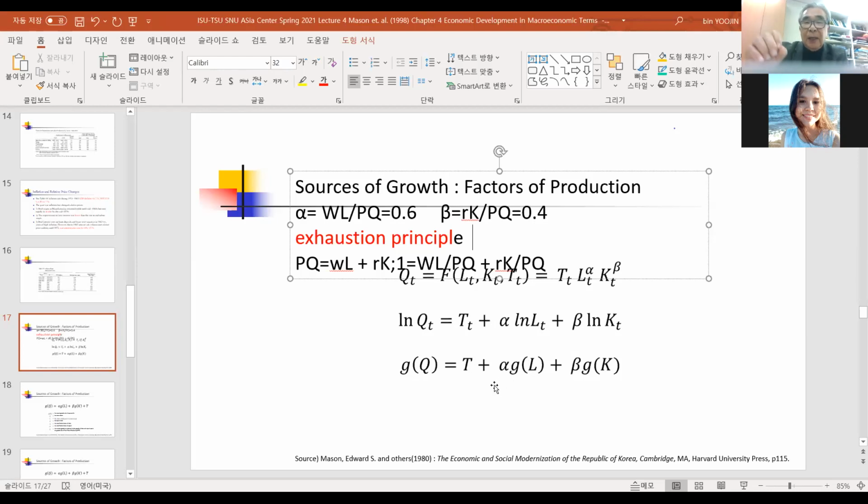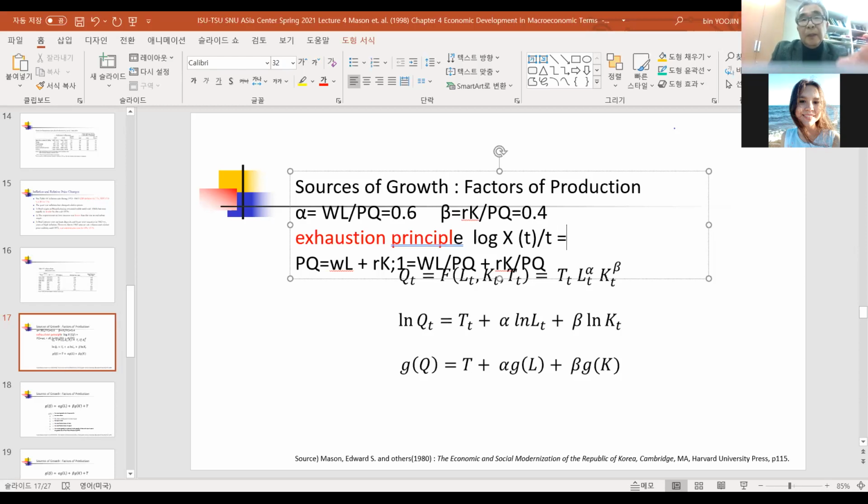What I could skip rather than leaving that to you, I could show you log of x, for example, t, divided by the time derivative of t.